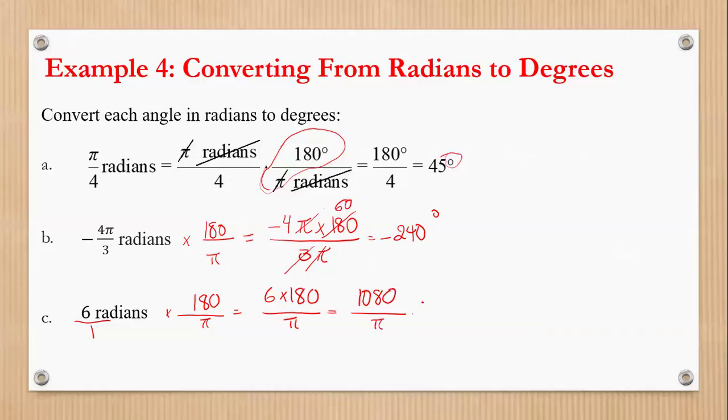There is a pi key on the calculator, and if you divide 1080 by pi, you get 343.77 degrees. If you do it manually and replace the pi by 3.14 only, your decimal part of the number may be a little different, but if you use the pi key on the calculator, you should get the exact value.